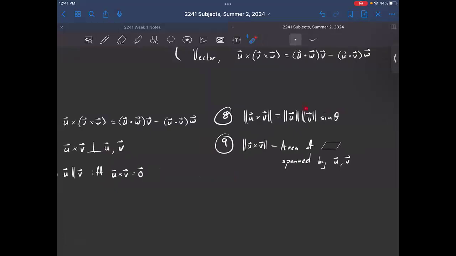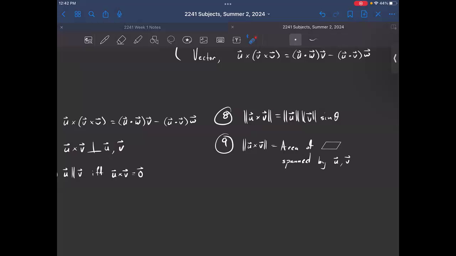Number 8, this is a geometric formula for the norm of the cross product. Remember, the cross product does not give you a scalar. So if we want a geometric formula like this, like we had for the dot product, then we have to take the norm first. And it says, all right, do the same thing as for the dot product, except change the cosine into a sine. All right.